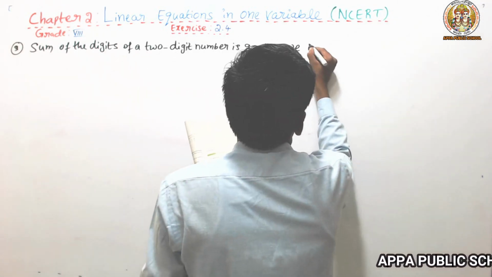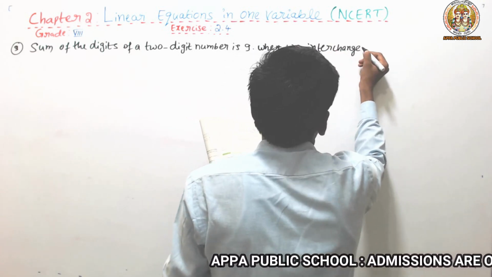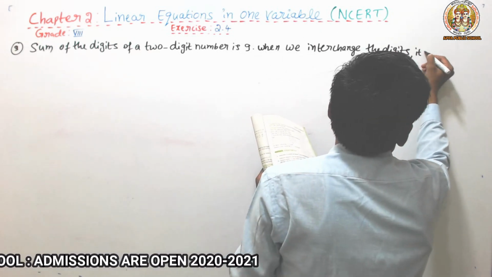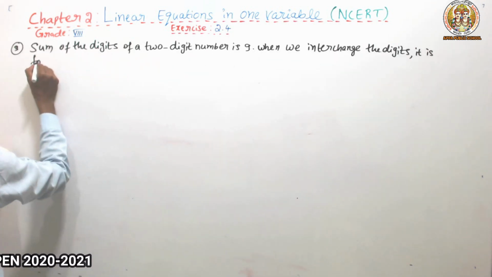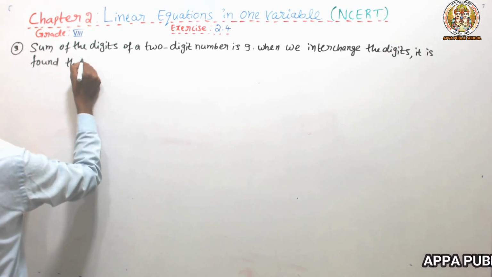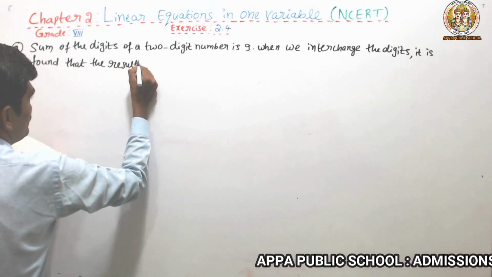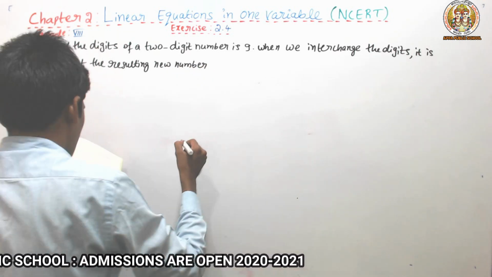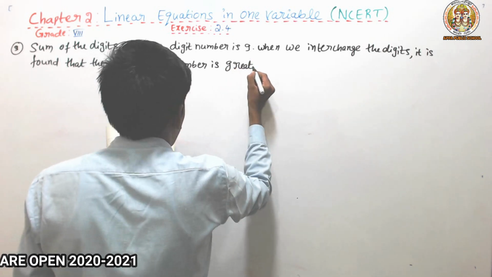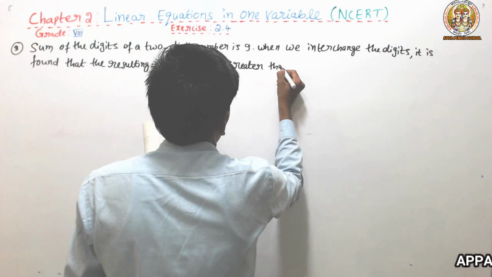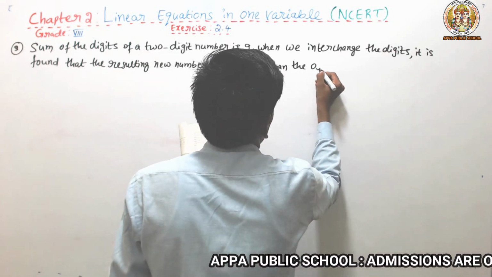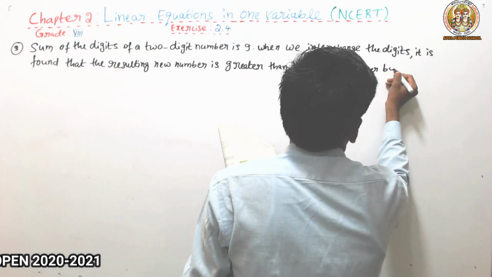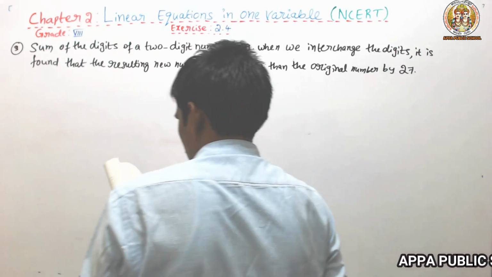When we interchange the digits, it is found that the resulting new number is greater than the original number by 27. What is the 2-digit number?